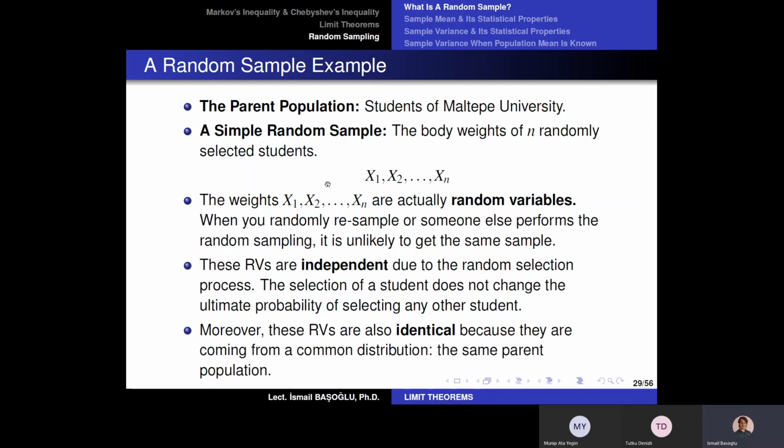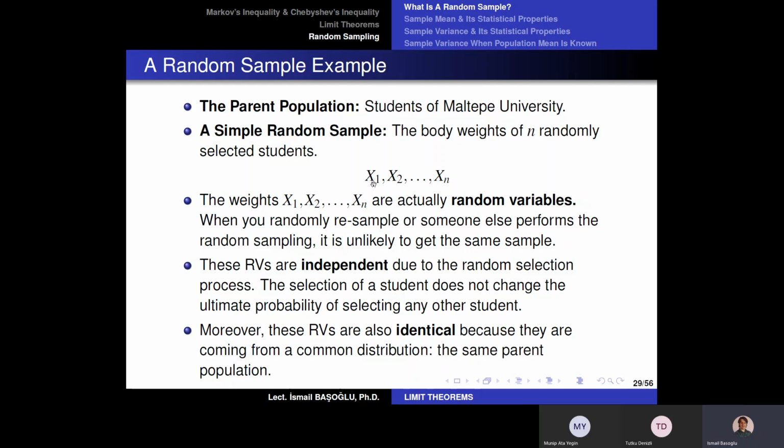Because you are randomly selecting the students, these random variables are also independent. Why independent? Because you are not sampling like this: you are not asking one student and also asking that student to bring their friends. You are randomly selecting these students without looking at the previous selections.